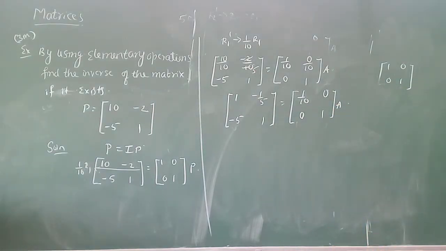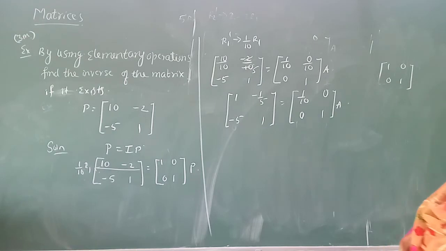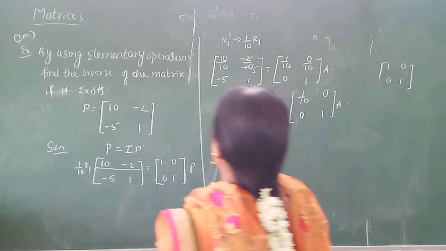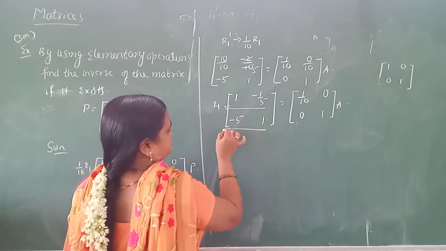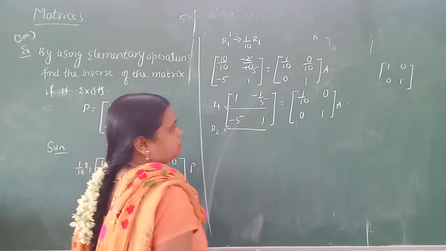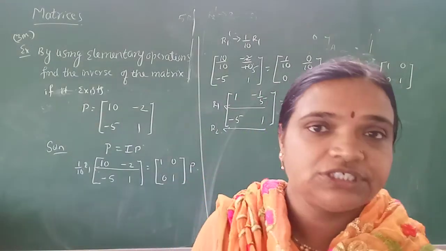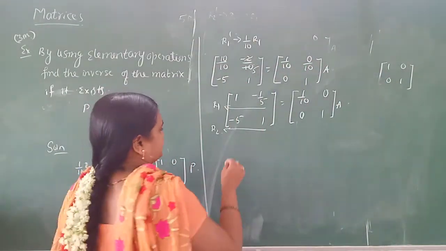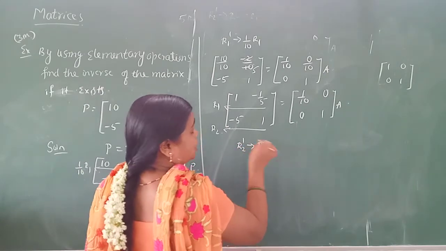Okay. And the next step is to convert this minus 5 to 0. Means we are multiplying. This is the first row R1, this is the second row R2. Means everything we are doing, the changes are in the second row. Therefore we write R2 dash equals R2.